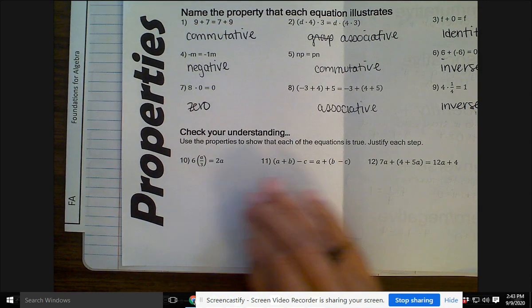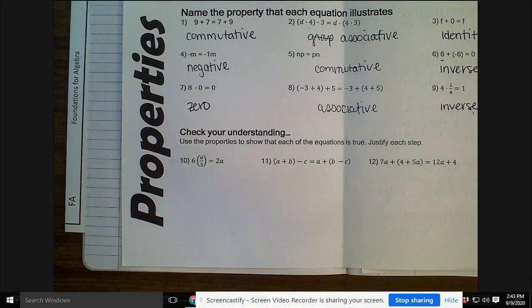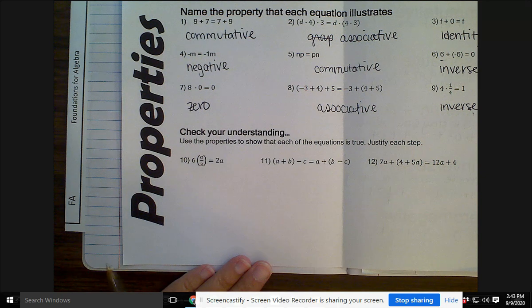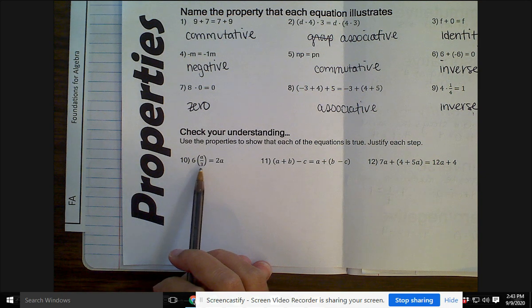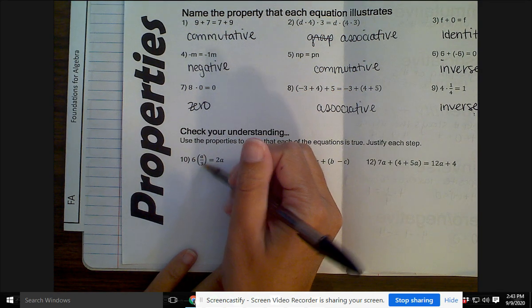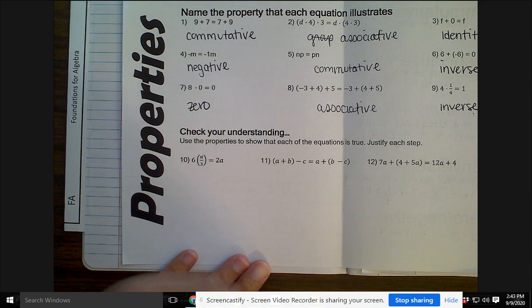Now, we can do each of these by simplifying using rules that we understand, using these properties that we understand. So for instance, and we're going to write down each justification, like which property we used. On this first one, maybe I want to group up some different things here. Like maybe instead of grouping up the A and the 3, we're going to group up the 6 and the 3.